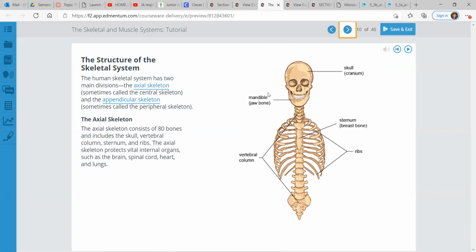The axial skeleton is shown right here. This is the central main part of your body, and it consists of 80 bones, including the skull, your vertebral column, your sternum, and ribs. The axial skeleton protects vital internal organs such as the brain, the spinal cord, heart, and lungs.